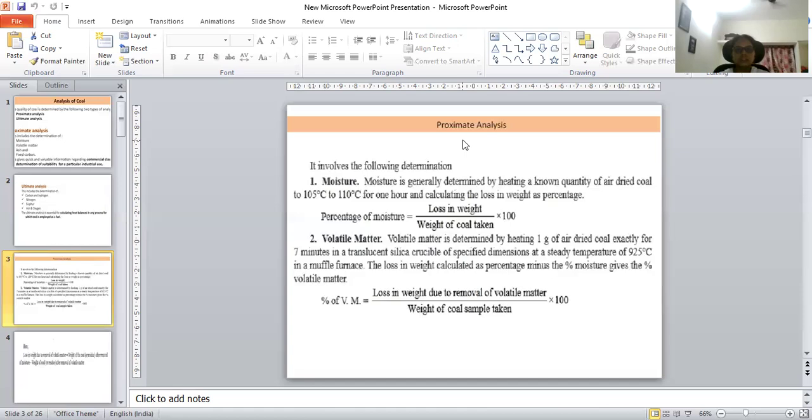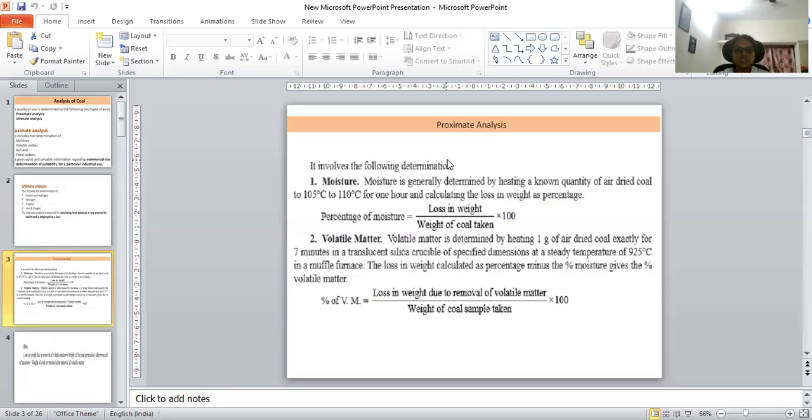In last class, we discussed fuels, classification of fuels, solid fuels. As a solid fuel, we have taken coal as the example, and we discussed how the coal is produced. Whatever coal was produced should be analyzed because the composition of coal will be different in different coals.